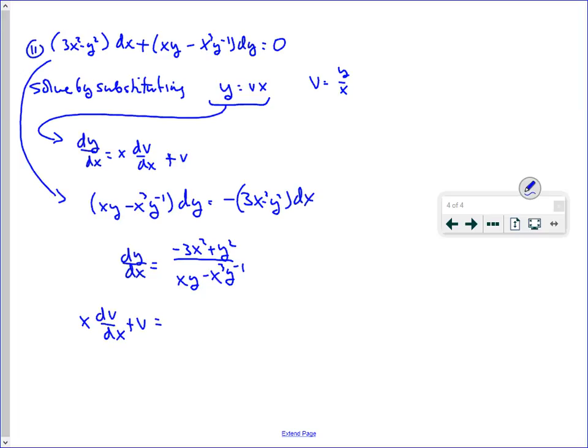And over here, we substitute every place there's a y, we put in a vx. Plus v. So y is going to be vx.